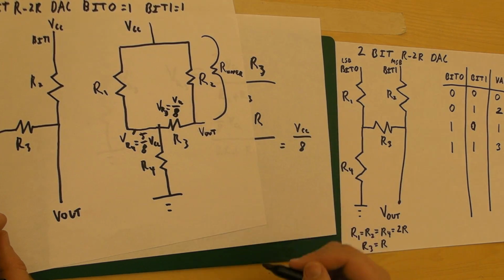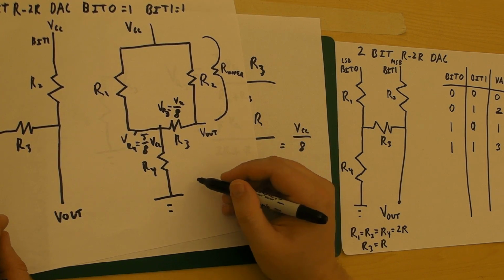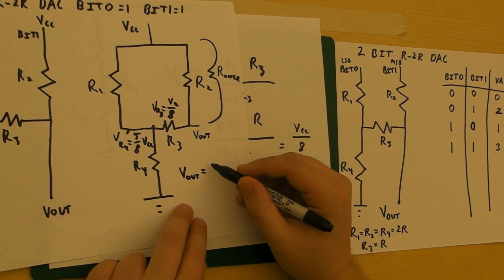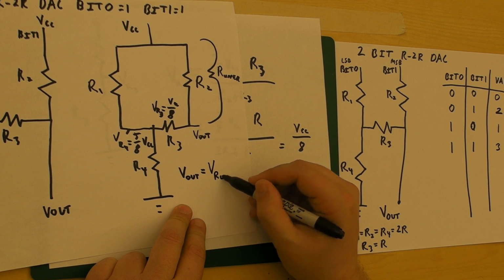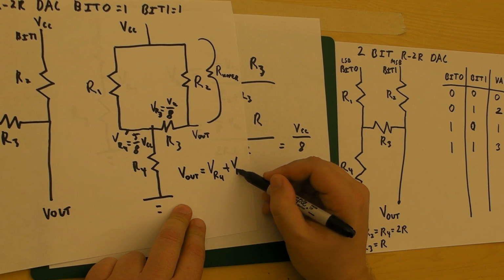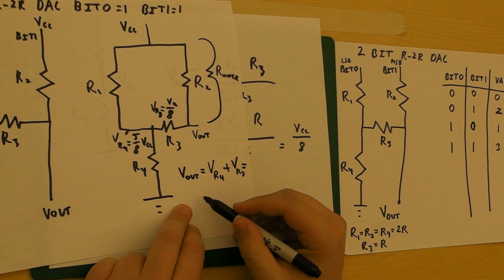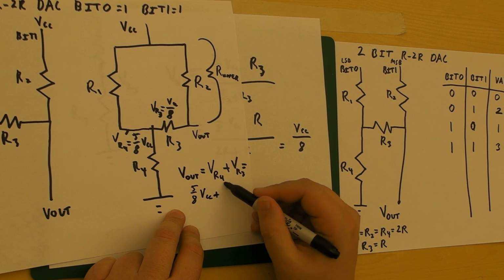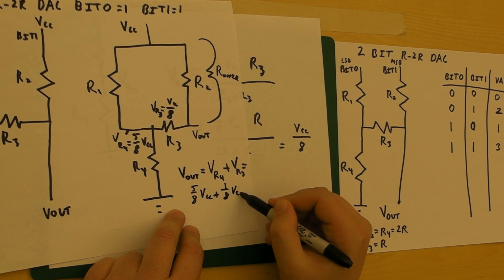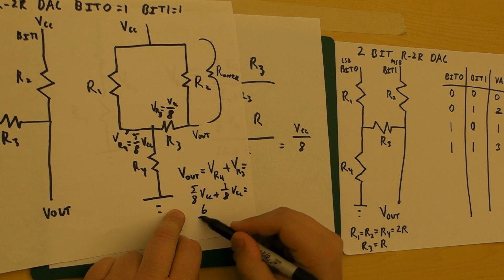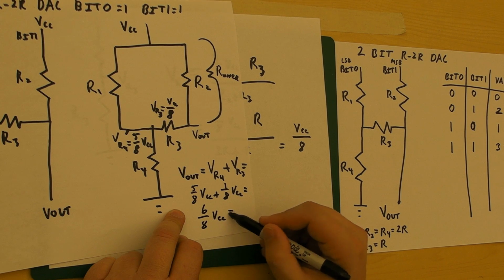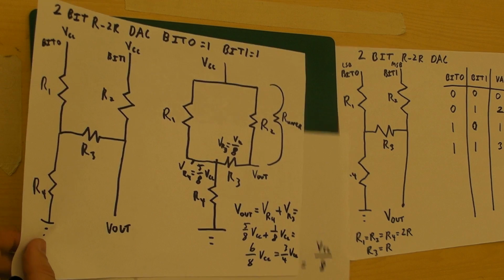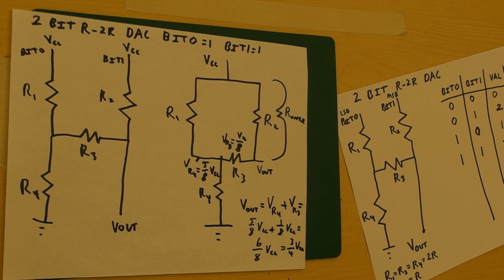And so V out equals the voltage drop over R4 plus the voltage drop over R3, which equals 5/8 VCC plus 1/8 VCC, which equals 6/8 VCC or 3/4 VCC. Wow. Okay, that was a lot of work.